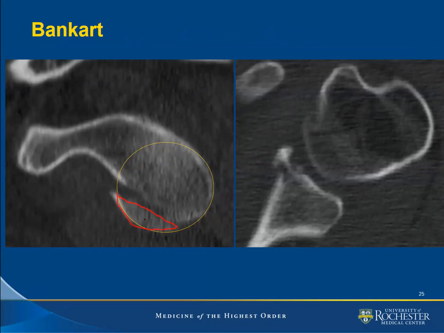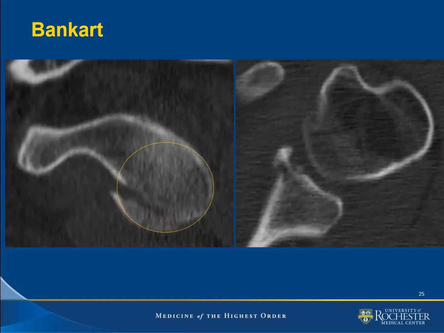And if this bony Bankart fracture is taking up more than 20 or 25% of the cross-sectional area of your lower glenoid, this is concerning because it means that the patient is going to be unstable and have recurrent dislocation. So the patient will benefit from surgical intervention with a lateral J procedure to augment that anterior inferior glenoid.